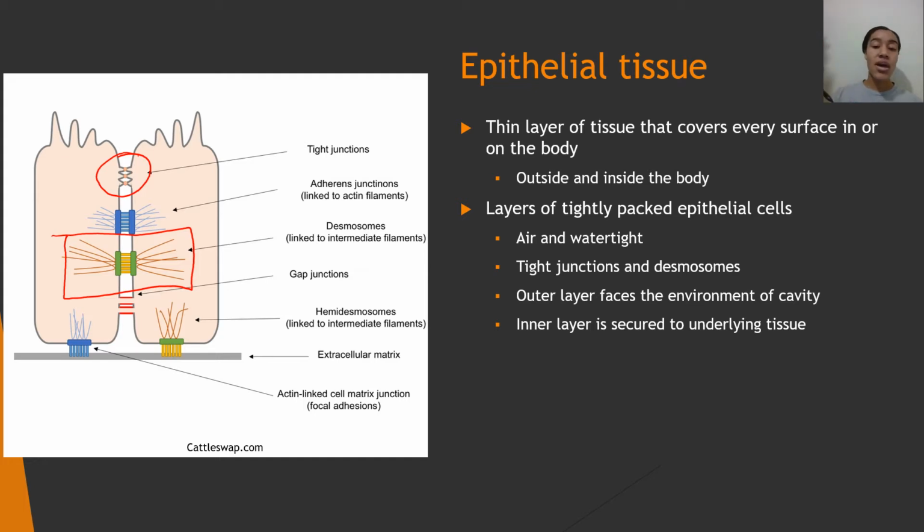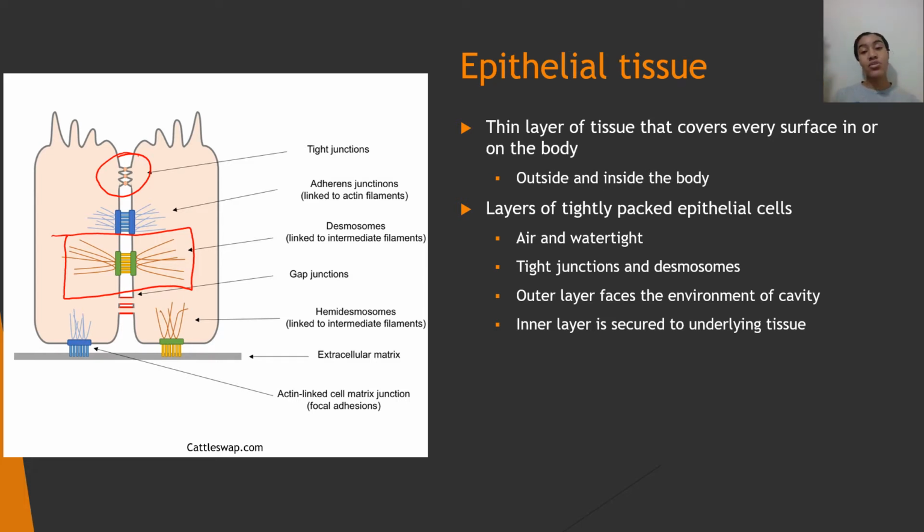There's the outer side that faces the environment or the cavity. An example of this is the outer layer of your skin, right? It's facing the environment. There's also the part of your stomach lining that faces the acid, which is also the outer layer.